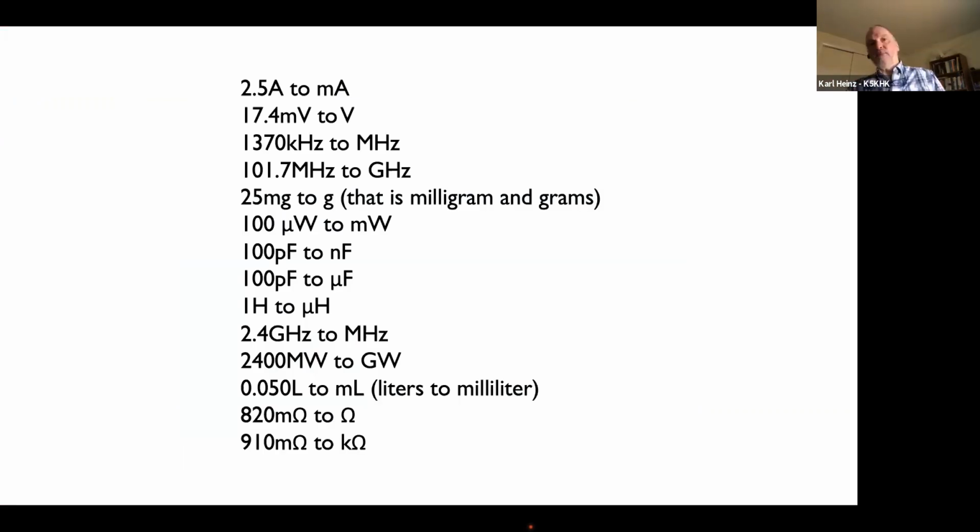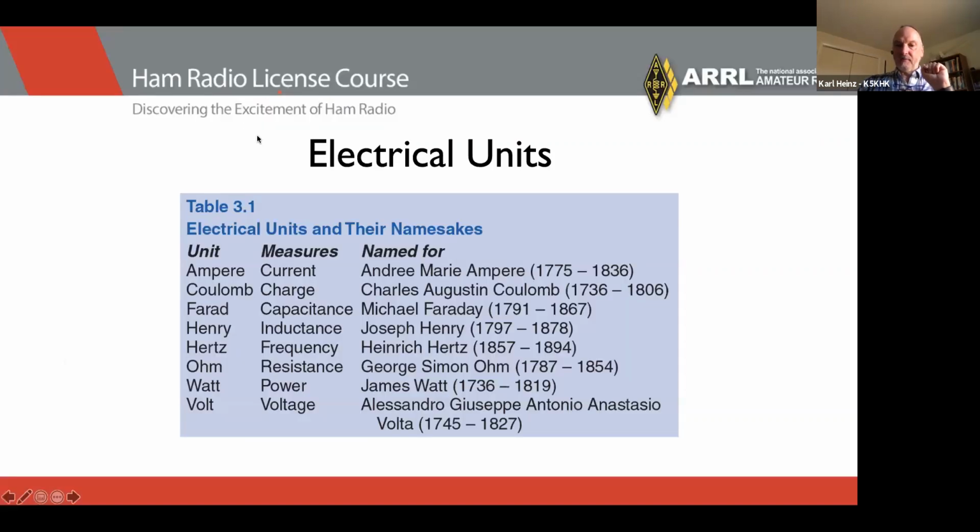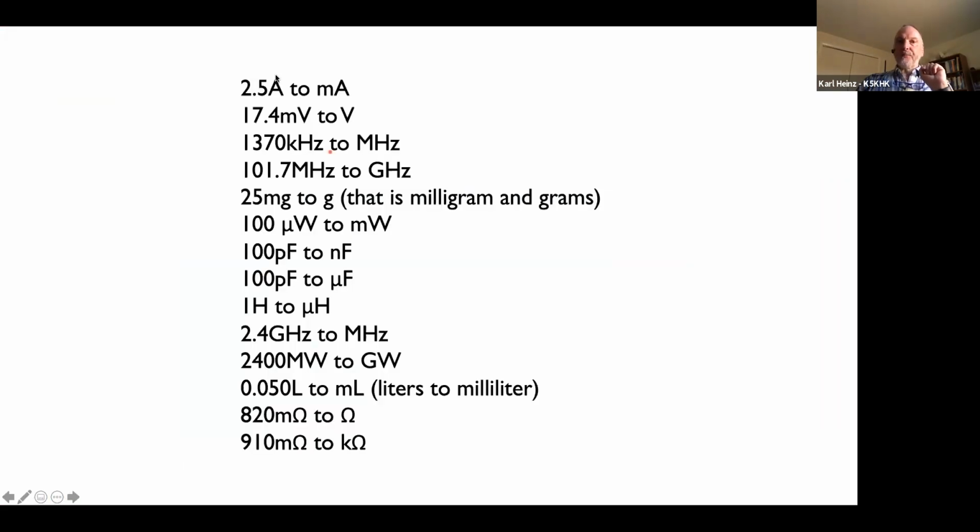So here are some more examples that you can do at home. I am listing again the source and what we want to convert it to. So the 2.5A for ampere, which is here on this list. When we convert this to milliamps, how many is that?